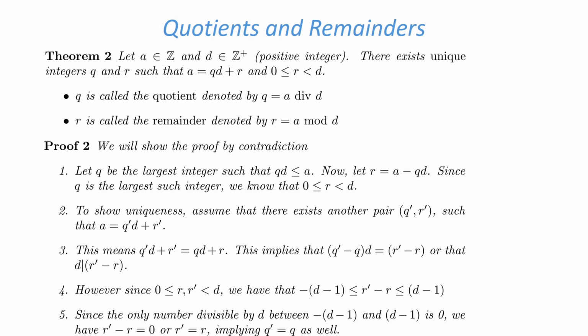The final step is that we remark that the only number divisible by d between minus d minus 1 and d minus 1 is 0 itself, because there's no number greater than or equal to d within this range. And this means that r prime minus r must be equal to 0, or in other words, r prime is equal to r. And from the equation q prime d plus r prime equal to qd plus r, this gives us that q prime is equal to q as well.